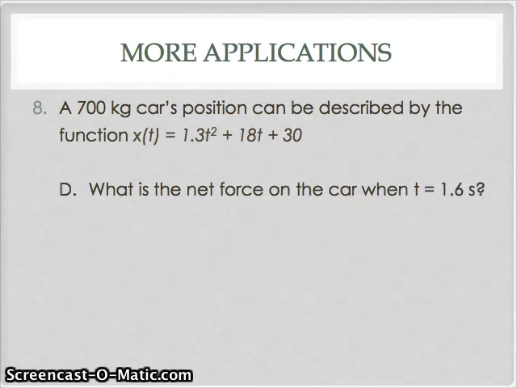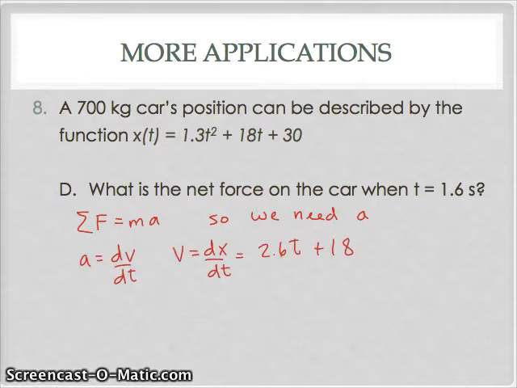All right, so let's involve another formula and see what we would do here. This question asks for the net force on the car at a particular time. Hopefully you recall that net force is equal to m times a, F equals ma. And so what we need is the acceleration of this car. That means taking the derivative twice. The first derivative would find for us the velocity function, and then if we take the derivative of that, that will find us our acceleration function.